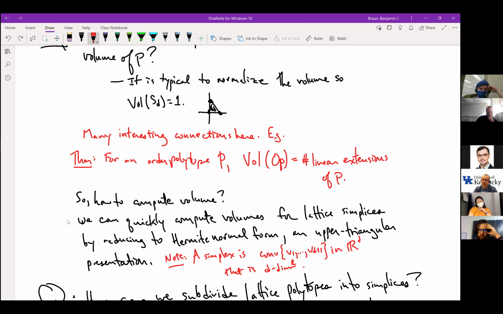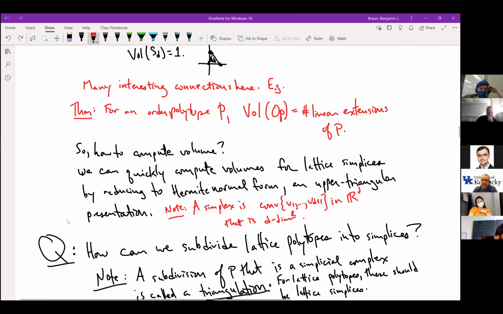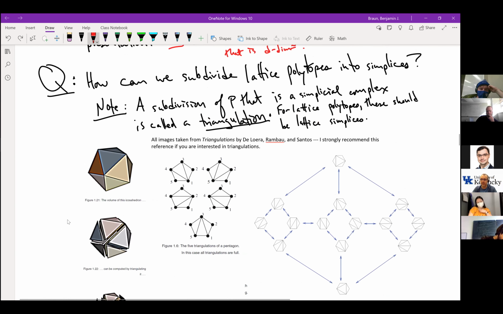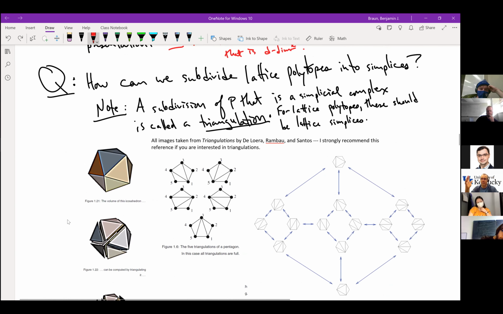And when we do that, then we can quickly get the volume. All right. So a very typical approach to computing the volume is to subdivide the polytope into simplices and then add up the volumes of all the simplices.